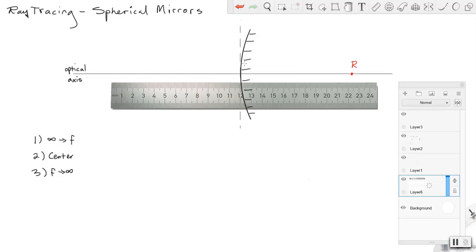So on this ruler, again, I've set the 12 centimeter mark on the optical plane. And we can see that the radius of curvature in this case is about 22.4. So the distance through is 10.4 centimeters, so we'll put ourselves at 5.2 centimeters, which would be right here.